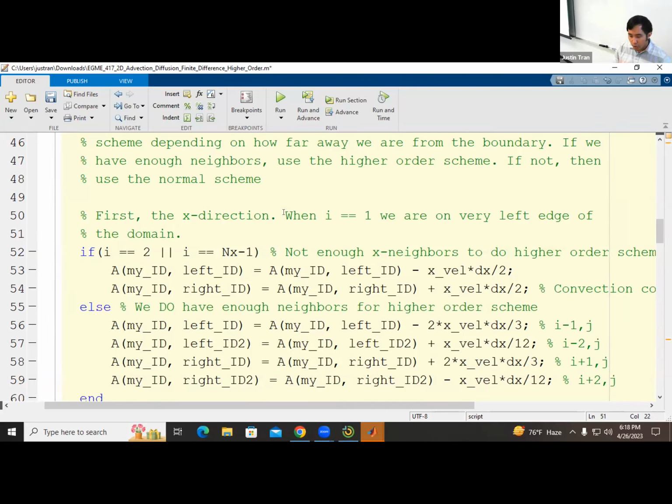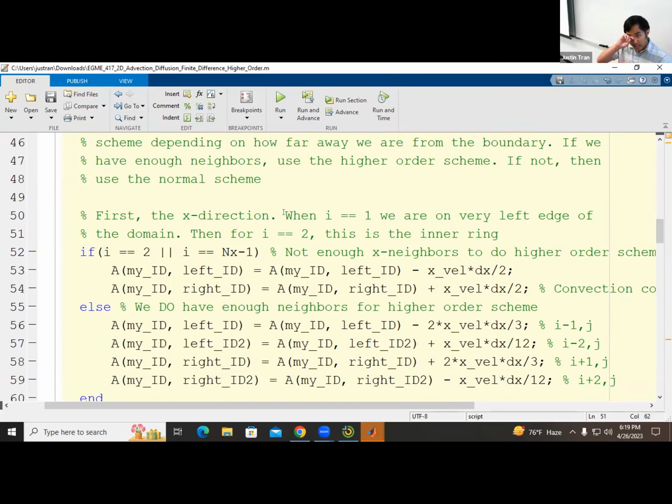If we go one column to the right of this, to i equal to 2, this is the inner ring. This is the case where we don't have enough neighbors to apply our higher order scheme.